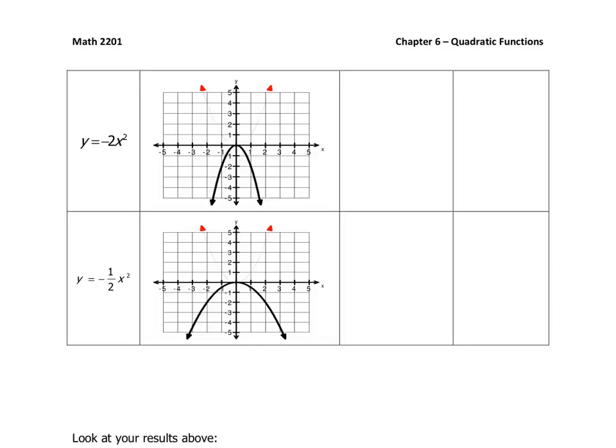And then if we combine the negative with the 2, in this case it still would be narrower, but reflected. And the last one, if there's a negative with the half, it is still wider. But again, because there's a negative in front of it now, it is reflected.